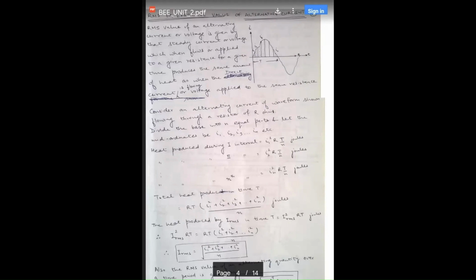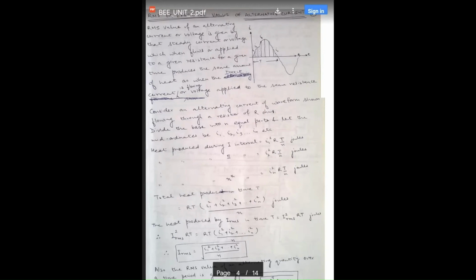Now we are calculating the RMS or the effective value of the alternating current. We are not calculating for the sinusoidal current only, so there is a bit of difference. Alternating current is that current which repeats itself after the passage of a particular time or degree. It may have the sinusoidal wave shape, but it may not have the sinusoidal shape.